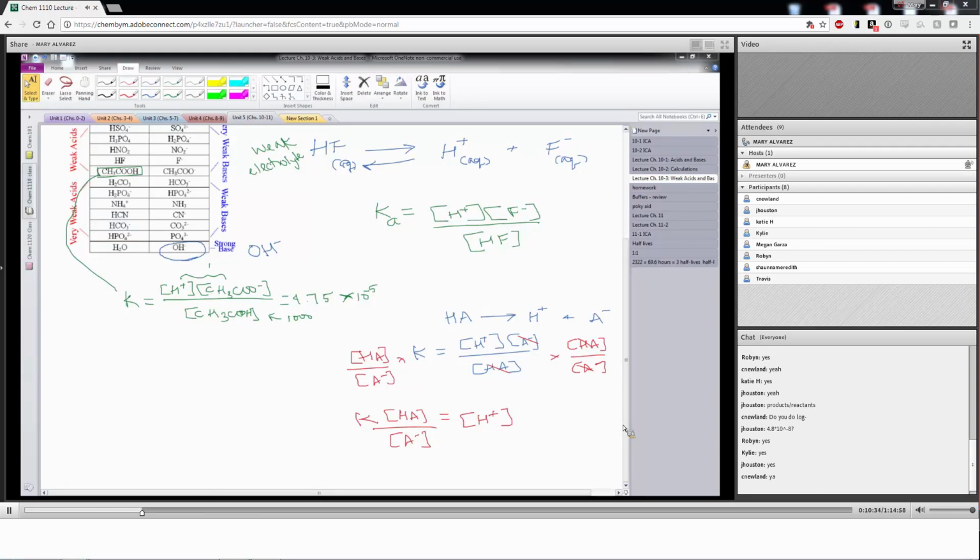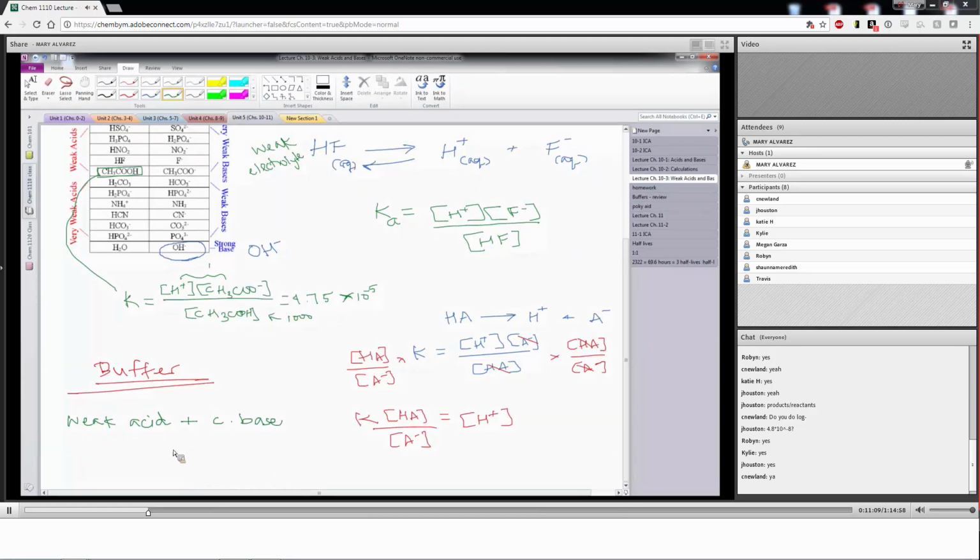Okay, now here's where this gets really fun and interesting, in the creation of a buffer system. Weak acids and weak bases, we understand that they dissociate a little bit, but when we make a buffer system, we put a weak acid or a weak base in a solution with its conjugate base, or if I was adding a weak base, I would put it in with a conjugate acid.